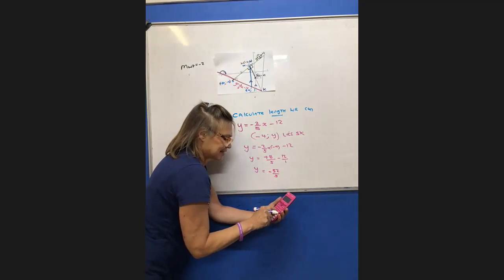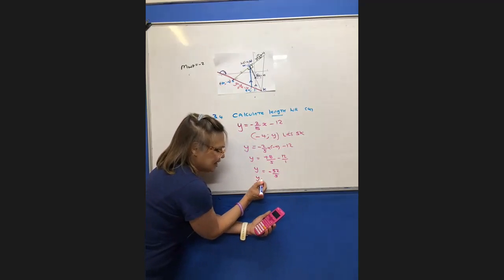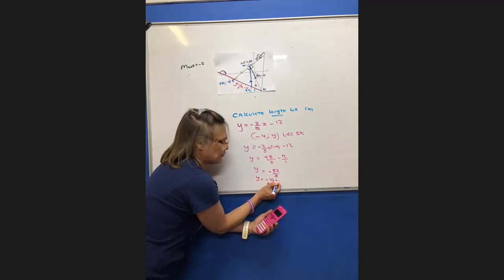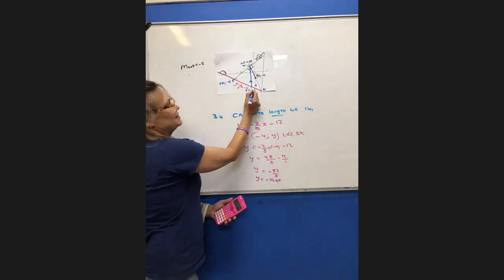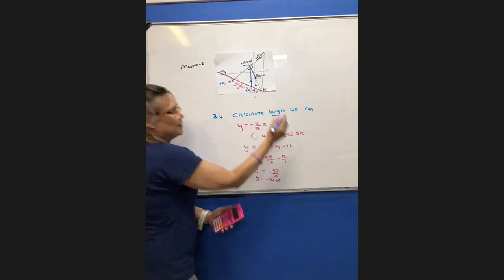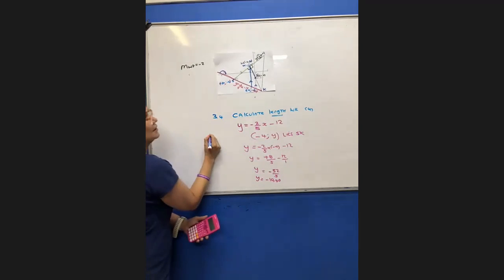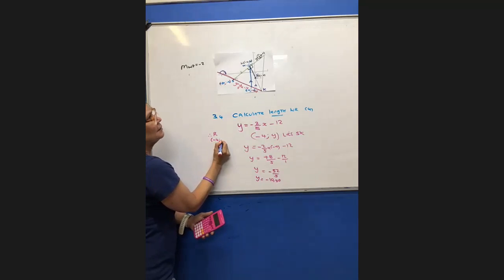Just for interest, as a decimal, y is going to be minus 10,40. So in other words, that is now minus 10,4. I'm going to tell my examiner that R is minus 4 and minus 10,4.